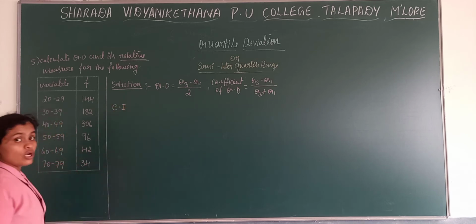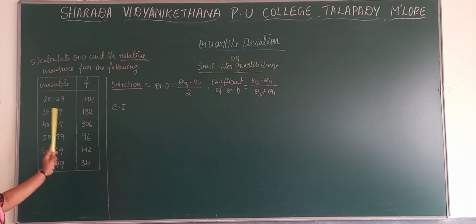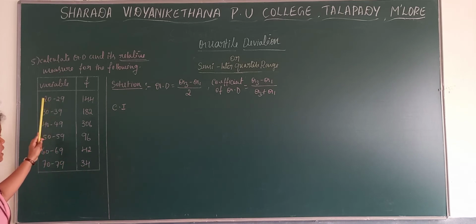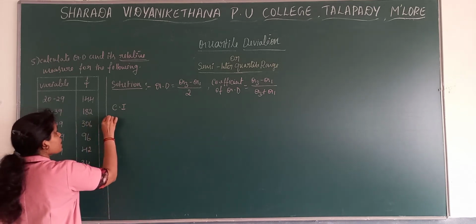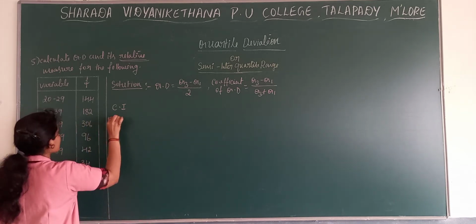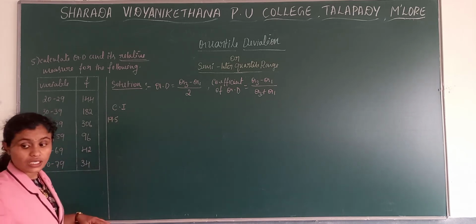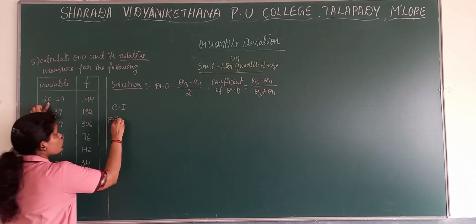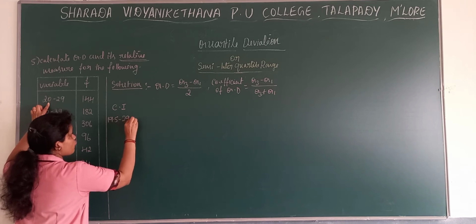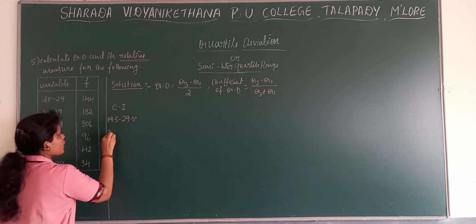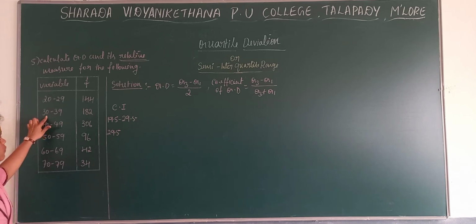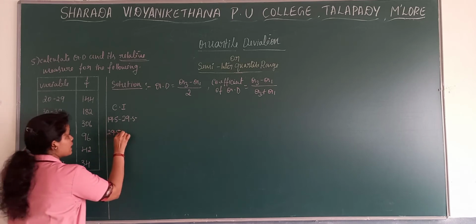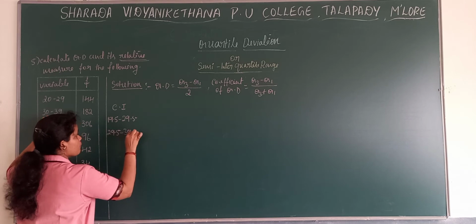Now we'll convert the inclusive intervals into exclusive. So for 20, deduct 0.5 from the lower limit and add 0.5 to the upper limit. So the first one is 19.5 to 29.5. Here 29 means deduct 0.5, 29.5, add 0.5, 39.5.